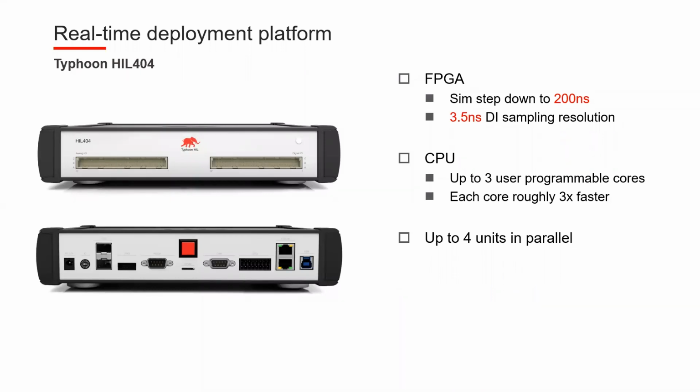Now, if we need to simulate larger systems, there's a possibility to connect several HIL404s together so they can act as one big simulator. So that way we don't sacrifice performance, like increasing the time steps and so on, for simulating larger systems. And finally, 404 can talk different communication protocols like Ethernet, CAN, or RS-232.